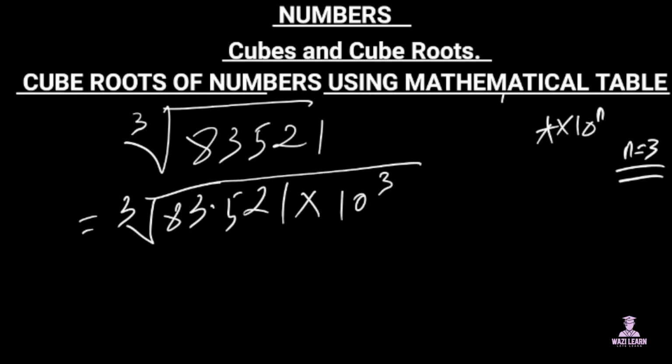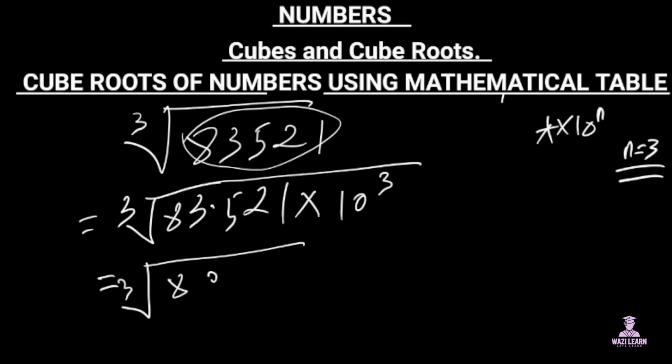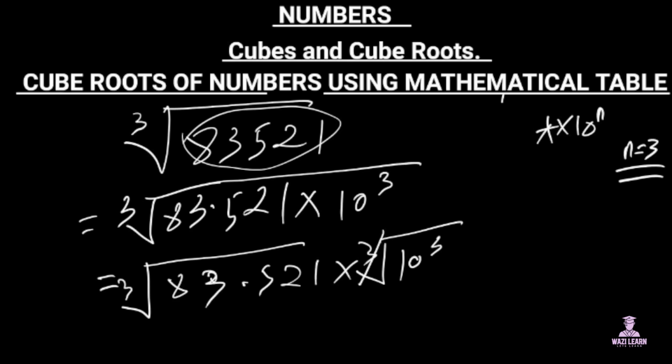When you multiply this one by 1000, you'll see that your answer will be this one. So that one is the meaning of 10 raised to power 3. Writing it individually, the cube root and cube will cancel, and you remain with times 10.